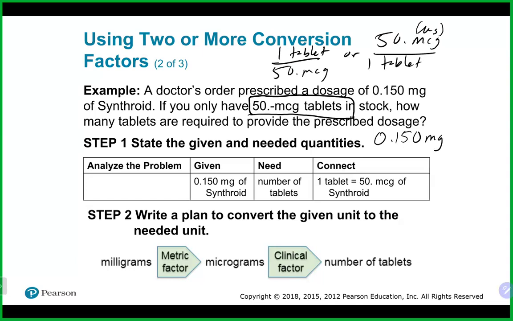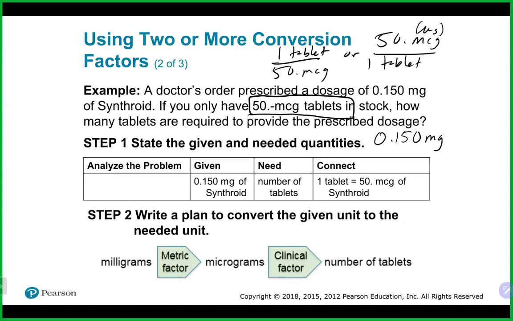We do have a little situation here. We cannot use our conversion factors because the grams there are in different prefixes. Mine's in milligrams, and the conversion factor there is in micrograms. So you have an option to either convert your conversion factor to milligrams, or, before you begin, convert your milligrams into micrograms. So that's probably the move that you might want to do.